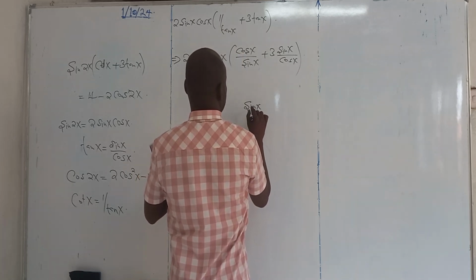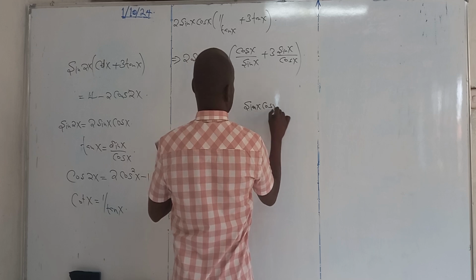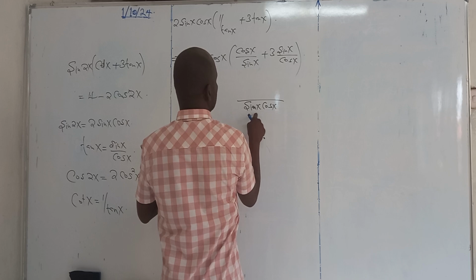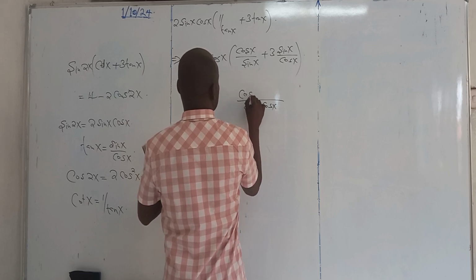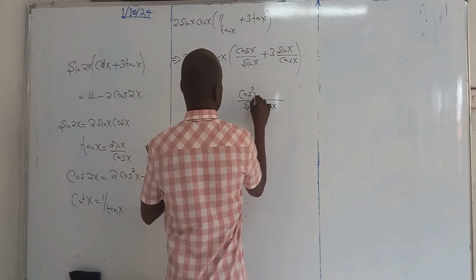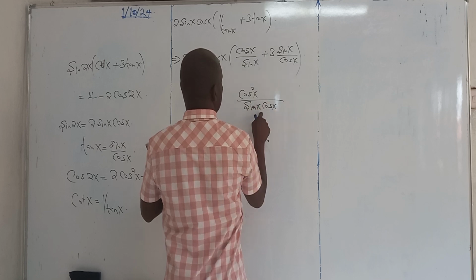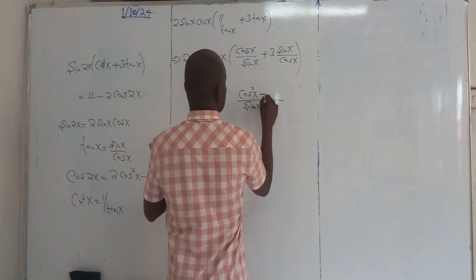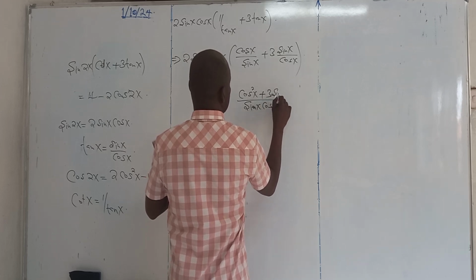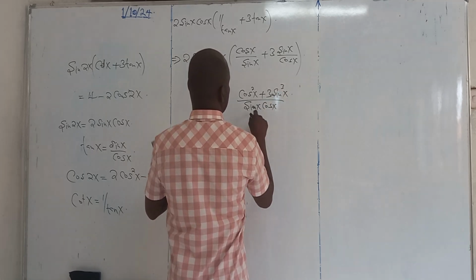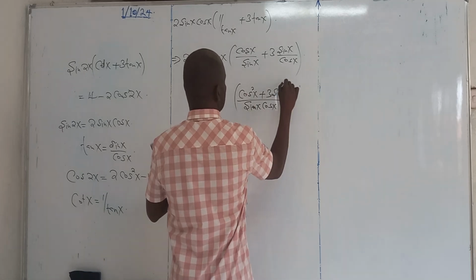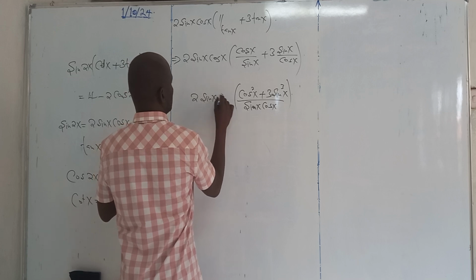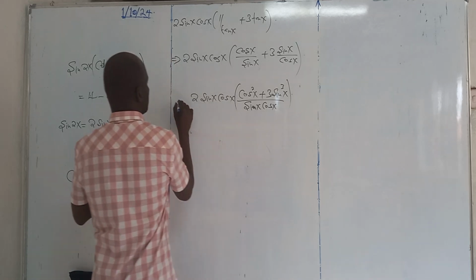So here I have sin x cos x. This comes here, leaving me with cos squared x. This comes here, this divides this times, so plus 3 sine cubed x over this. So the whole of that, we have 2 sin x cos x.